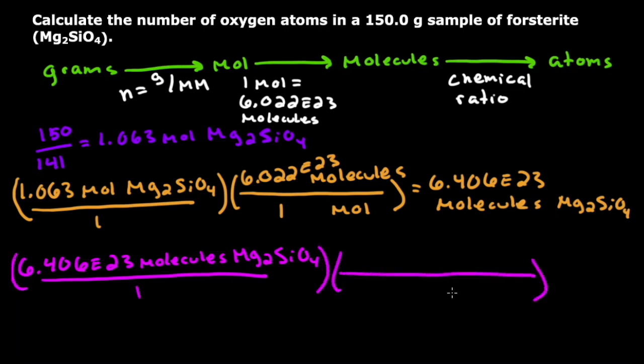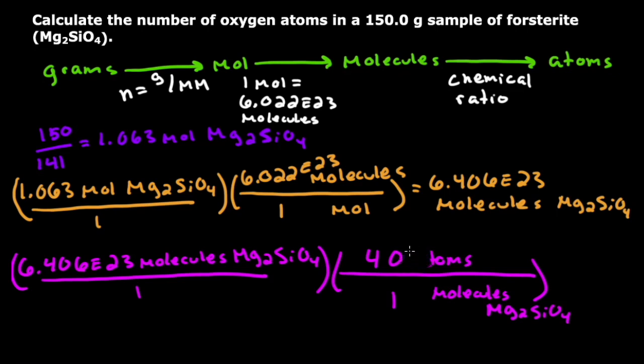I'm going to put the number of molecules of this Mg2SiO4 on the bottom, and then I'm going to put atoms of whichever one I want. And I want to get the oxygen, so the oxygen is right in here, and there is a 4 right here. So there's 4 oxygen atoms for every one of these molecules.